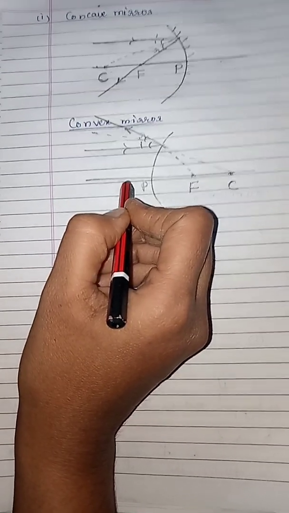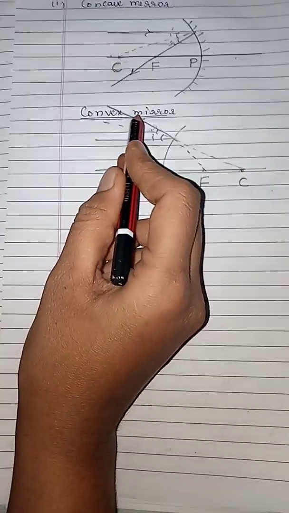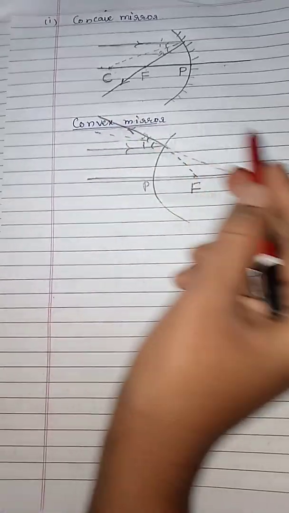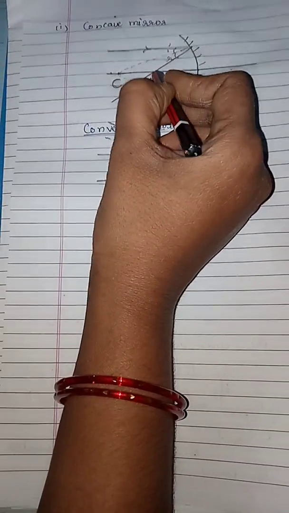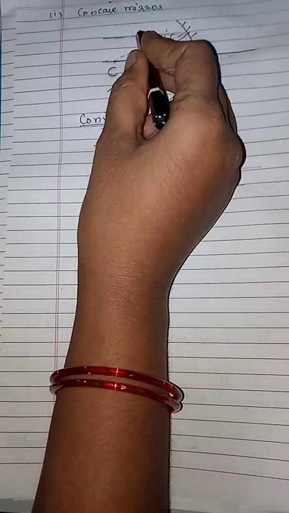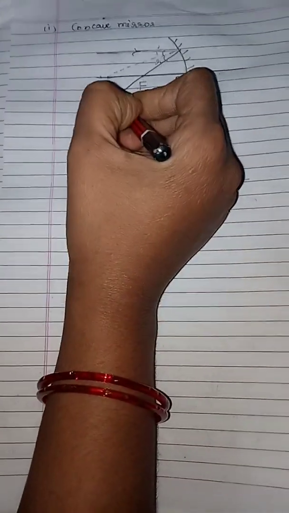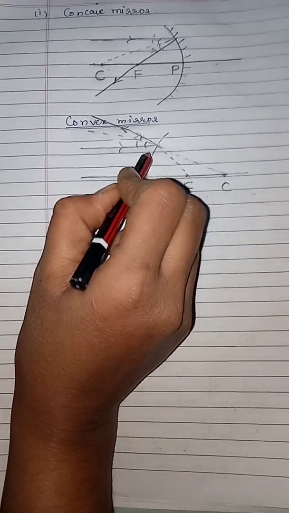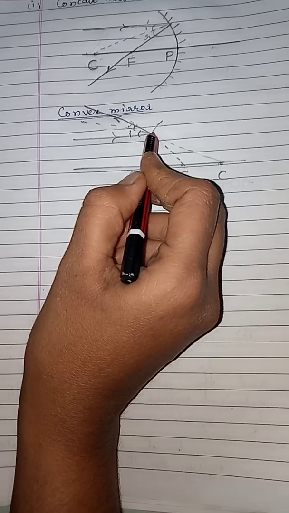This is the image formation when the ray is reflected passing through the principal focus, and when it appears to diverge from the principal focus.